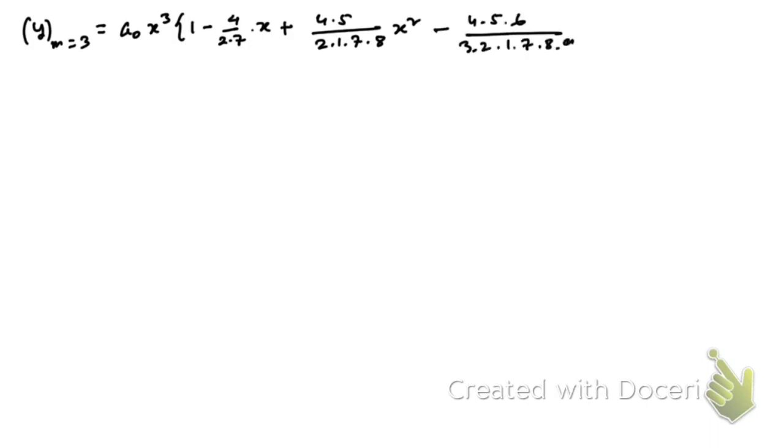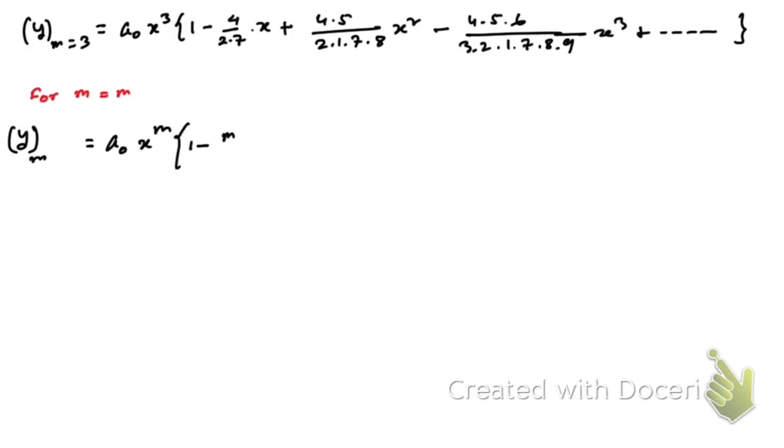Here you see y for m is equal to 3, what we have obtained after putting m is equal to 3, we have obtained this result, right? And so on. Now for m is equal to m, we had these expressions, these results.